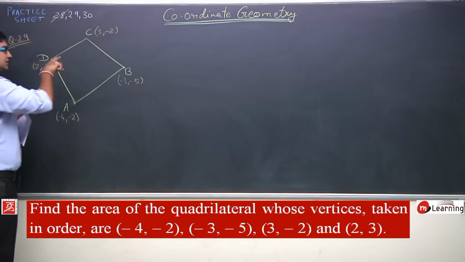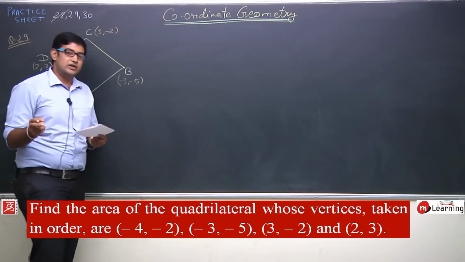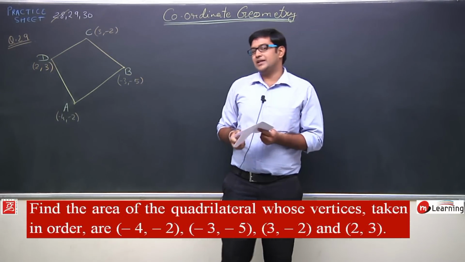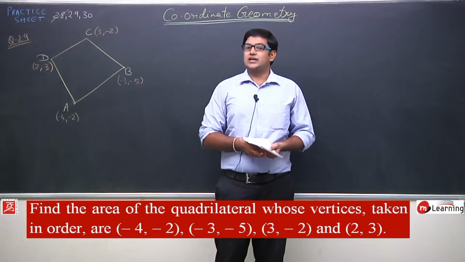Okay, I am assuming that these are the vertices. Now I need to determine the area of this quadrilateral. So how to determine the area of a generalized quadrilateral?